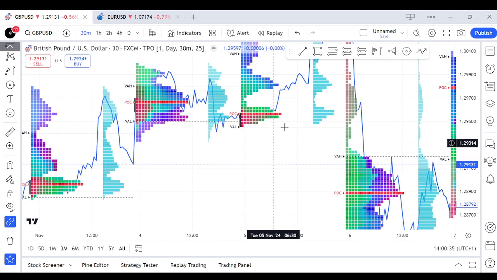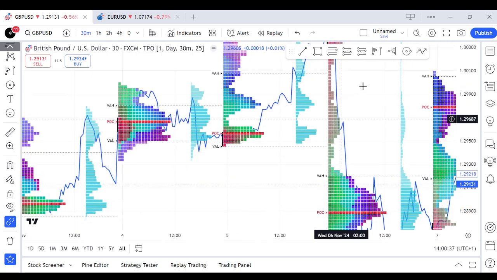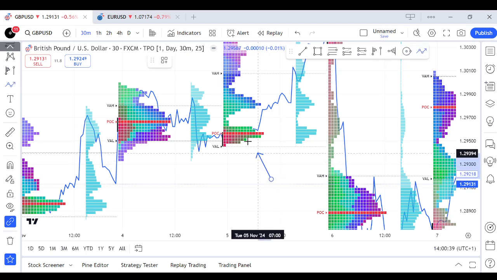See, this is the point of control in red, and it's the price level with the highest trading activity during a given period, which is for the day, 5th November. This was the price level with the highest trading activity that day.